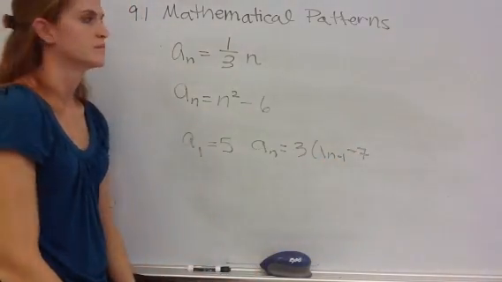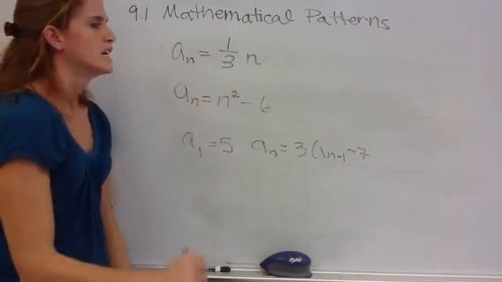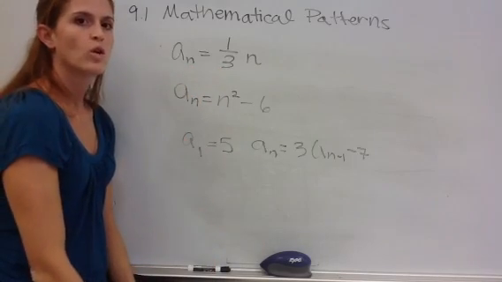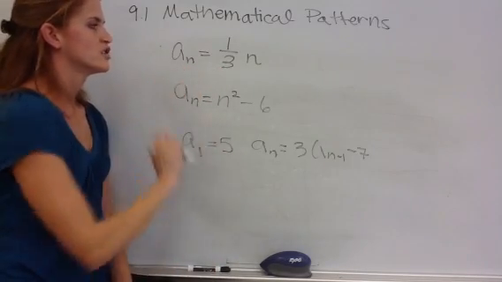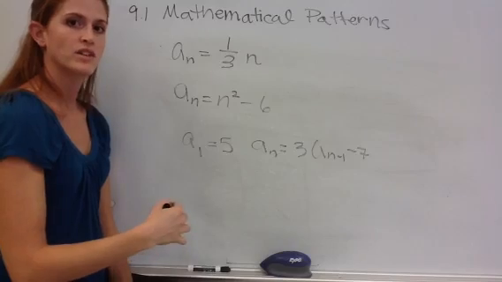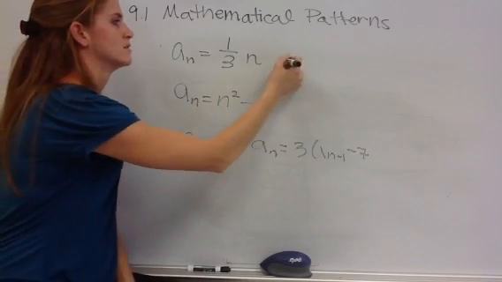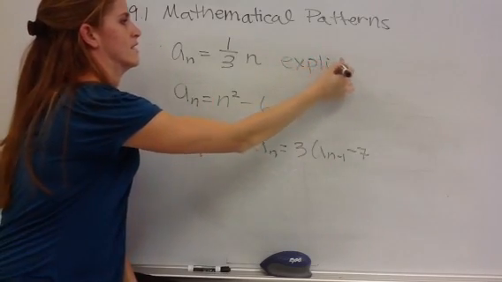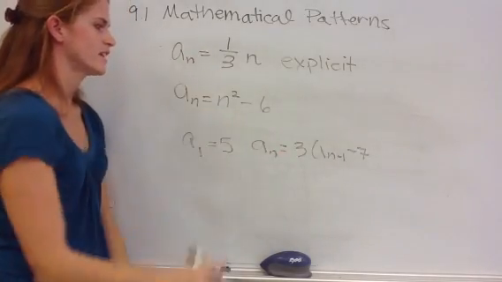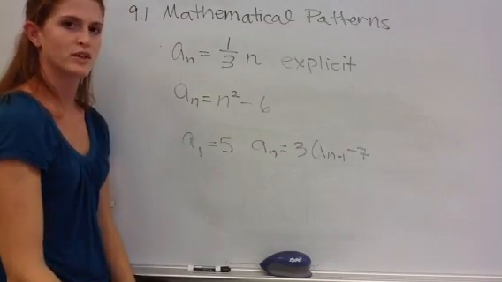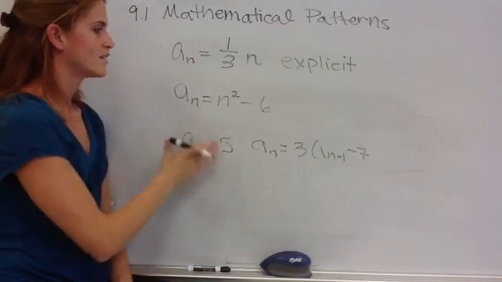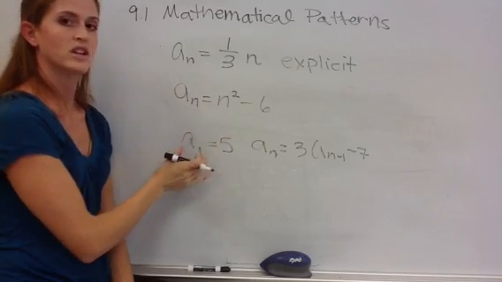So let's try these. For this one, we're going to determine if it is explicit or recursive. Because it just has a sub n and it doesn't have the previous term, this one's going to be explicit. This one here, is it explicit or recursive? Well, this one doesn't have the first term, so this one also is just going to be explicit.